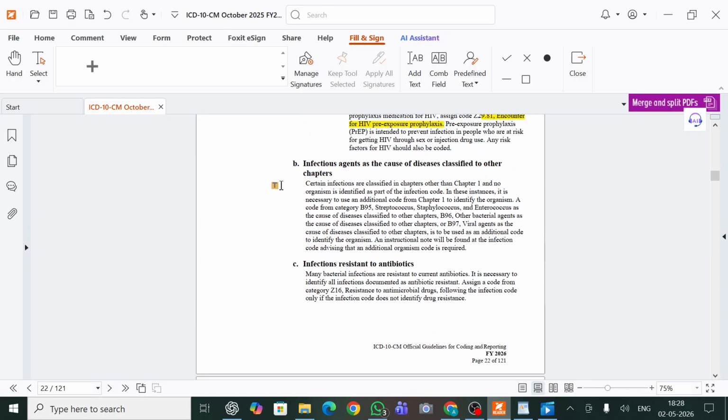So next one is a small part, infection agent as a cause of disease classified to other chapters. It means AIDS is complicated by immune deficiency from an infection agent. The infection agent means staphylococcus, streptococcus, enterococcus. All these infection agents also occur with low immunity in the human body.